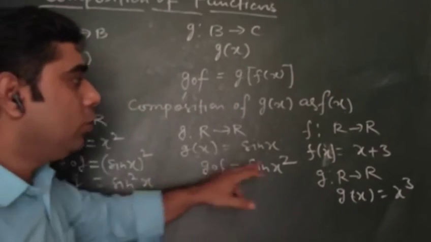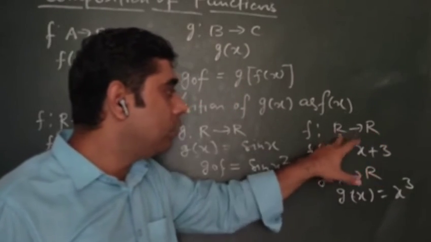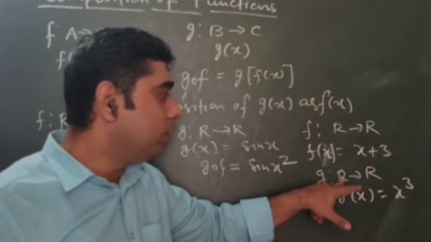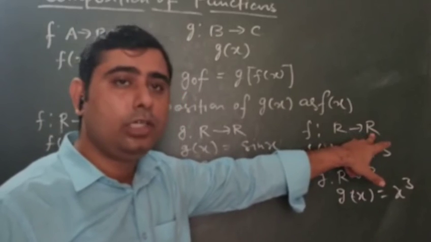Clear? So here you can see that the domain of f is equal to the codomain of g, and also the domain of g is equal to the codomain of f.